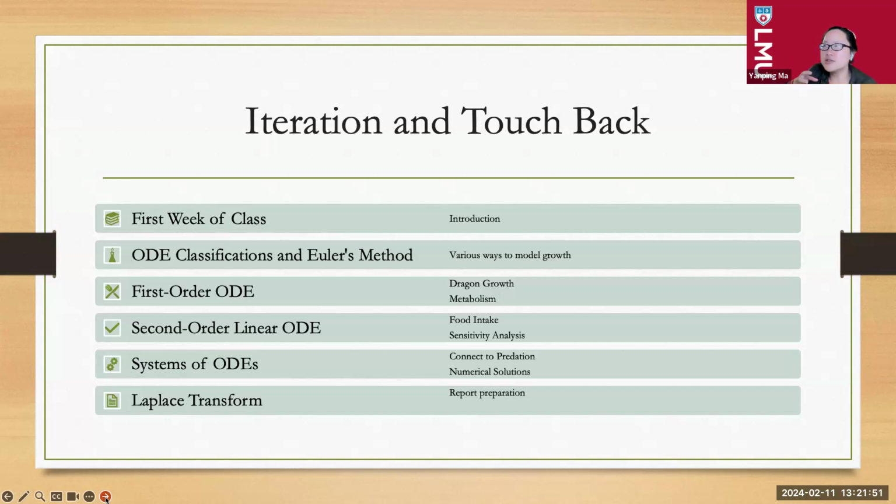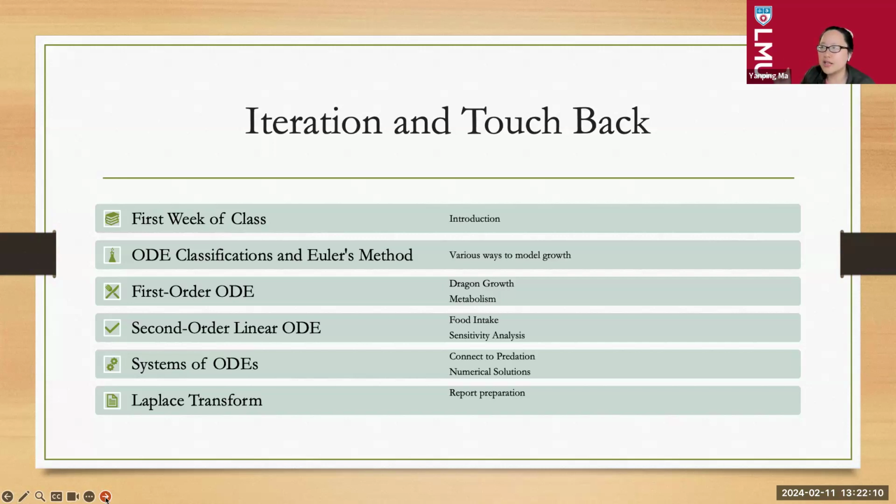While introducing this, I told them various ways to model the growth, and then we can use Euler's method to see what the solution curve is going to look like, so they can compare the differences. And we are pretty much done with the first order differential equation.